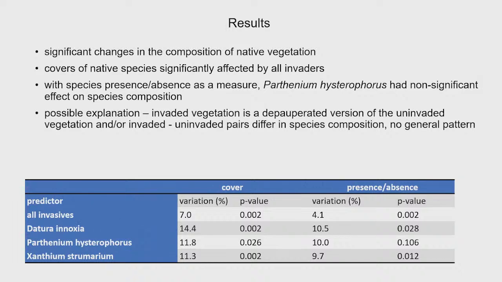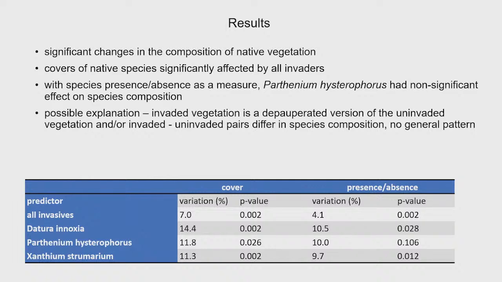When considering just covers, the impact of all invaders taken together was significant, and if we focus just on individual species, the effect of each of them was also significant. It was different for presence-absence data, where we found a significant effect of all invaders together. Then it was also significant for Datura and Xanthium, but not for Parthenium.